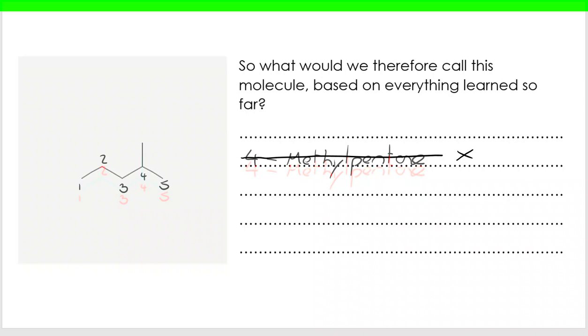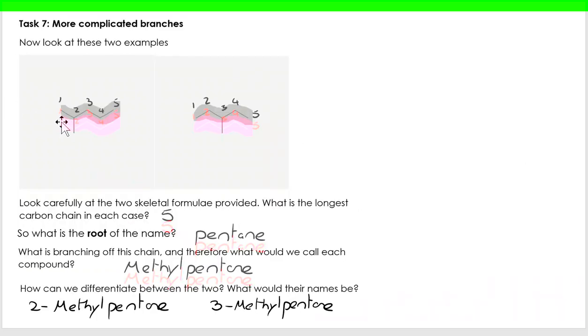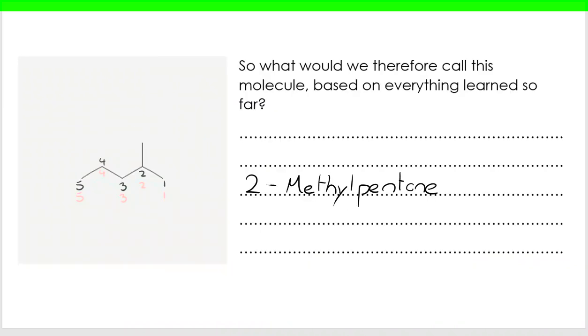We number it so the side chain will be at the lowest possible position. So I'm numbering it that way, and that means I've drawn 2-methyl pentane. It's identical to the 2-methyl pentane that we've seen here, it's just been flipped over. So 2-methyl pentane is the correct answer.